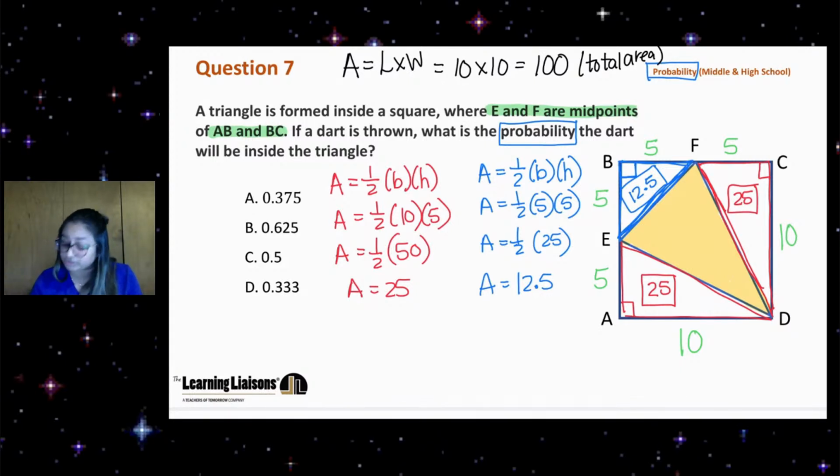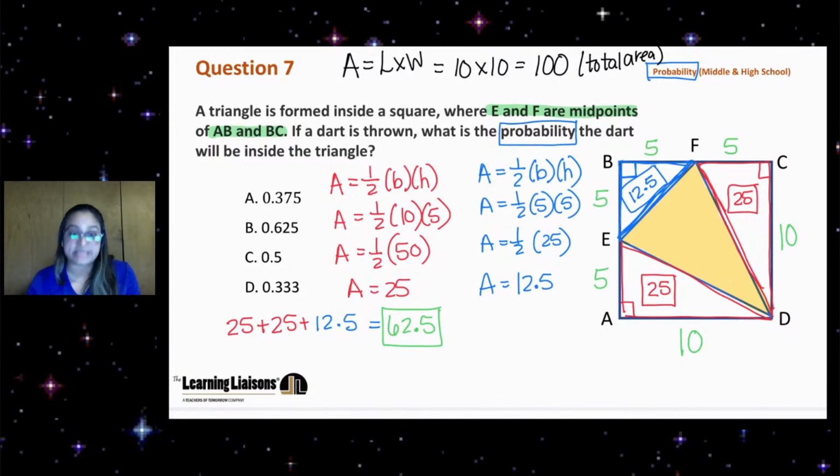So what are we going to do? Let's add all the areas that we know together: 25 plus 25 plus 12.5. When we add those together, we get a lovely number of 62.5. That is the area of all of those non-shaded sections.